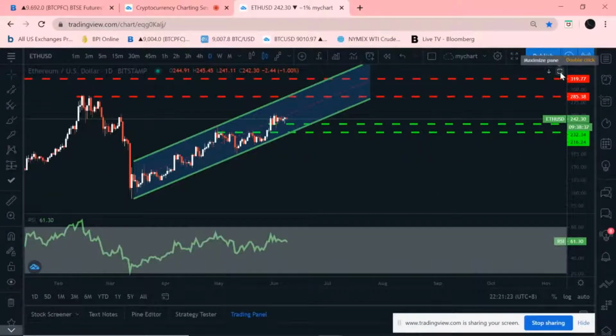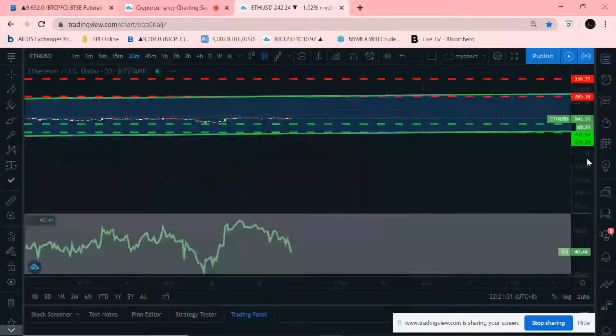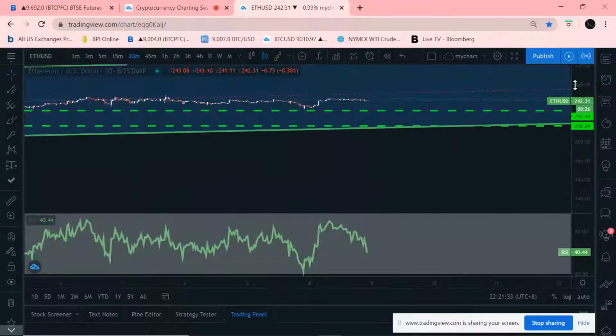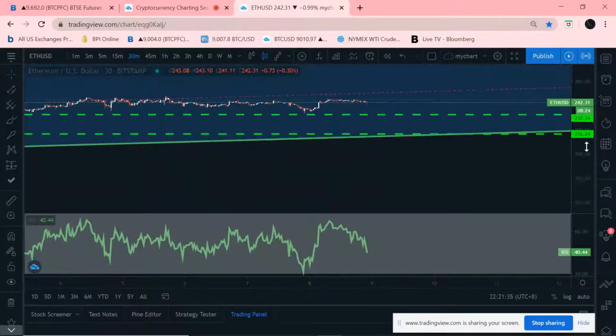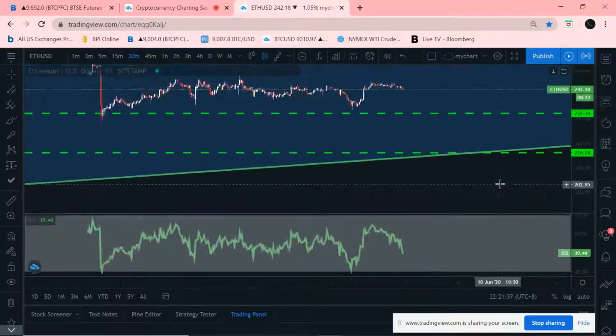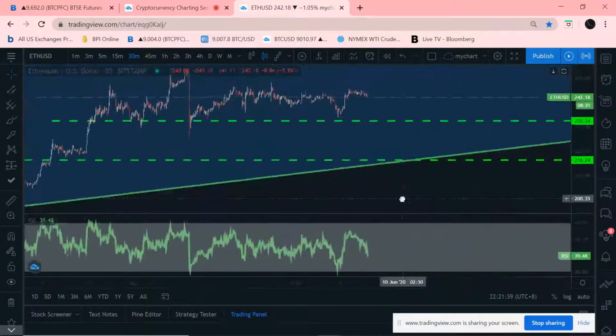Let's check the RSI. Currently I'm not seeing any divergence on the 30 minutes.